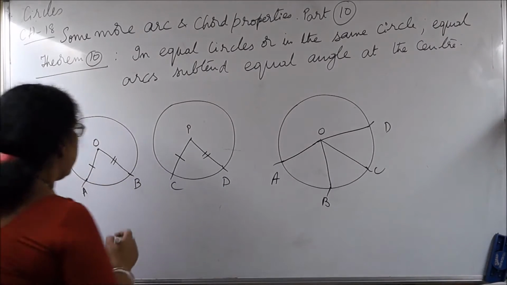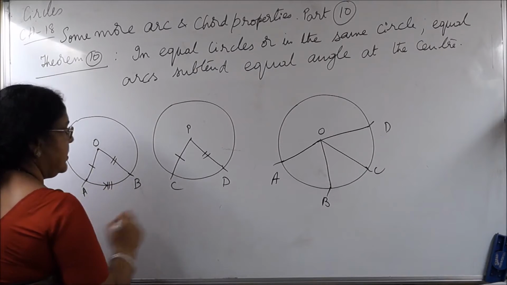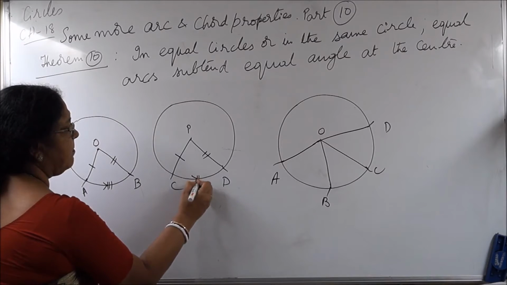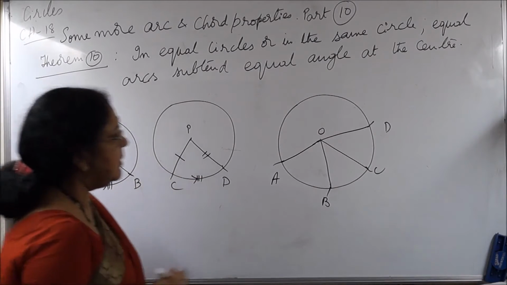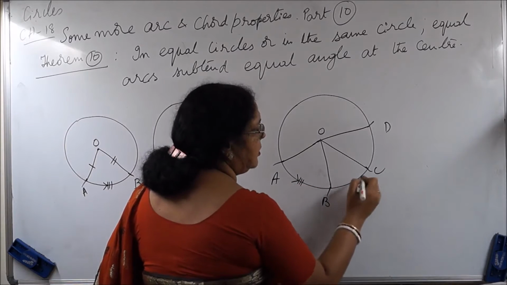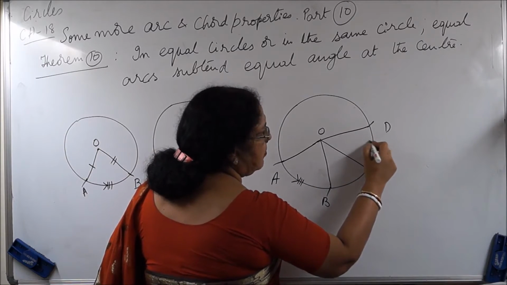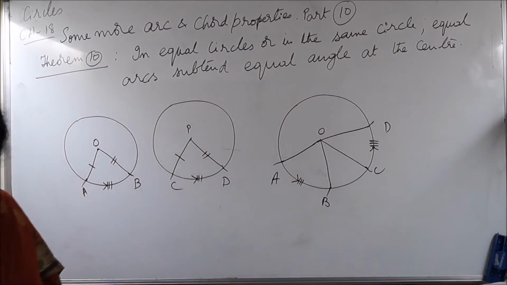So that means arc AB is equal to arc CD. So they are equal arcs. Similarly here, arc AB is equal to arc CD. That is a symbol for equal arcs.